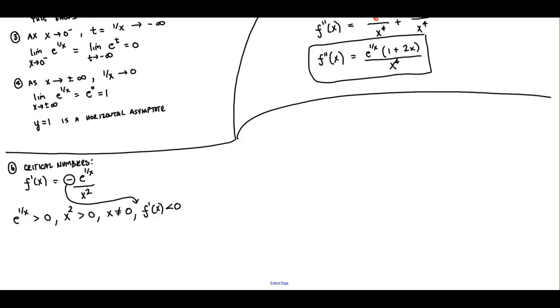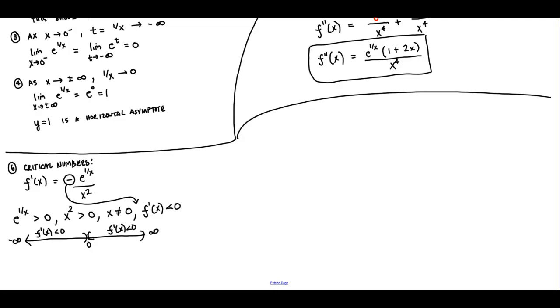So if the derivative is less than 0, then on the interval, we know that 0 cannot be included, so we're going from negative infinity to positive infinity. So f prime of x is going to be decreasing here, and it's also decreasing here.